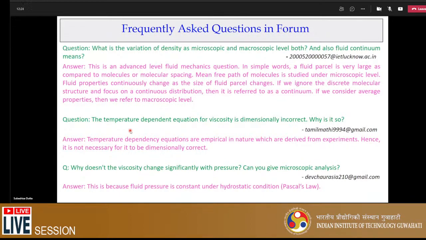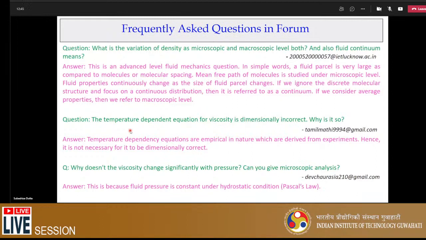The viscosity changes with pressure and temperature over the range we are talking about, where we are talking about civil engineering concepts. But if you go for a high pressure change, viscosity may change. Those are studies we are not doing. Please try to understand it.